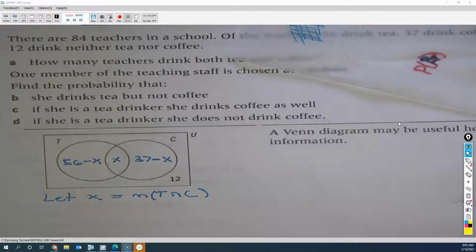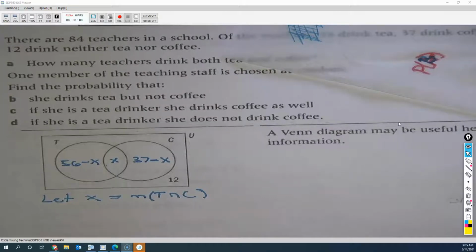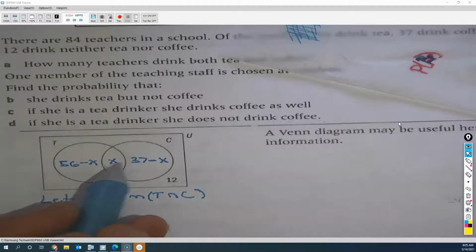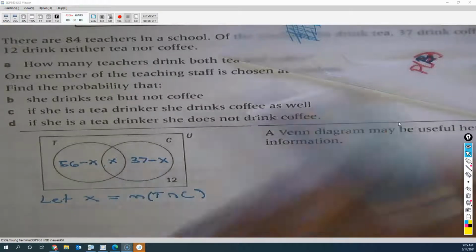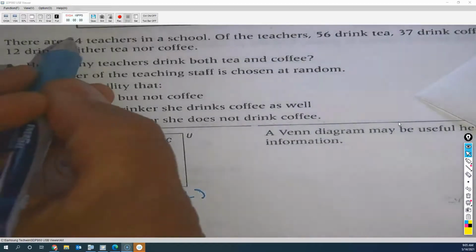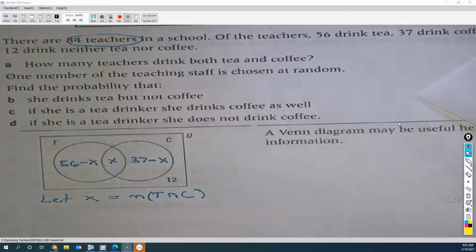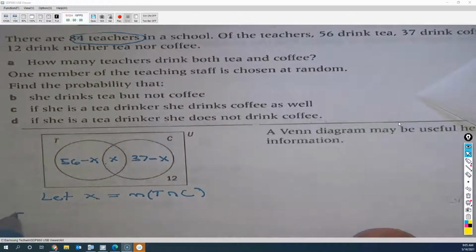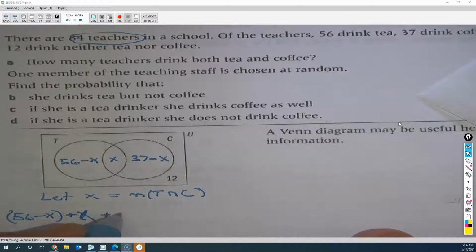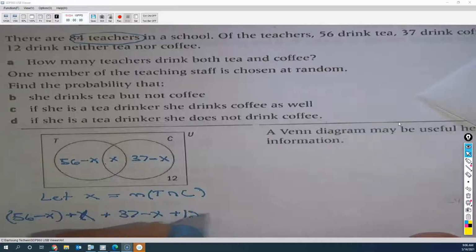Now figure out what X is. If I take all of these areas and add them up, it's going to have to equal 84 people. So 56 take away X plus X plus 37 minus X plus 12 has to be 84.